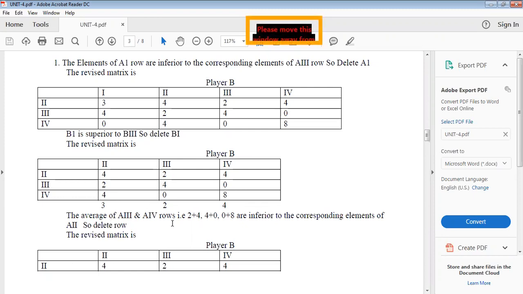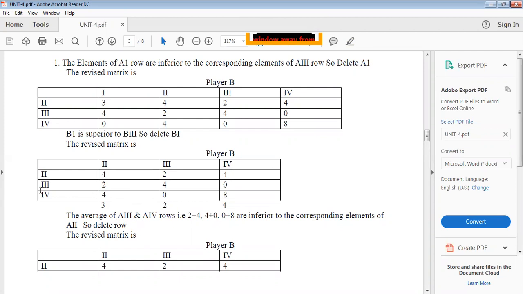The average of A3 and A4 rows, that is 2 plus 4, 4 plus 0, 0 plus 8, are inferior to the corresponding elements of the all. Sometimes if you match also, they are not dominating. So therefore, delete row and see this.